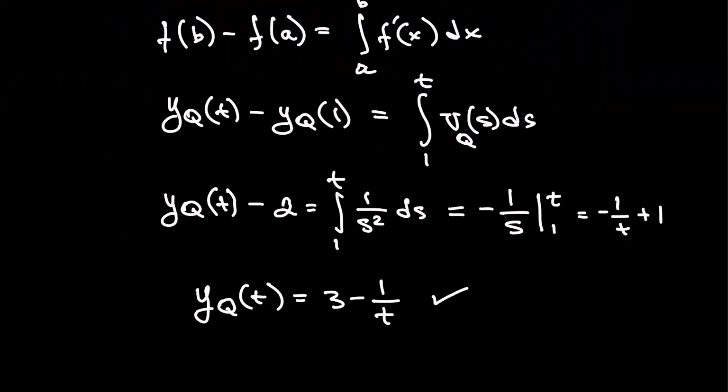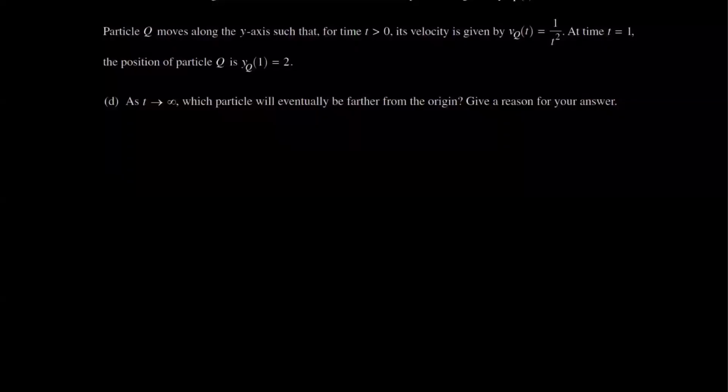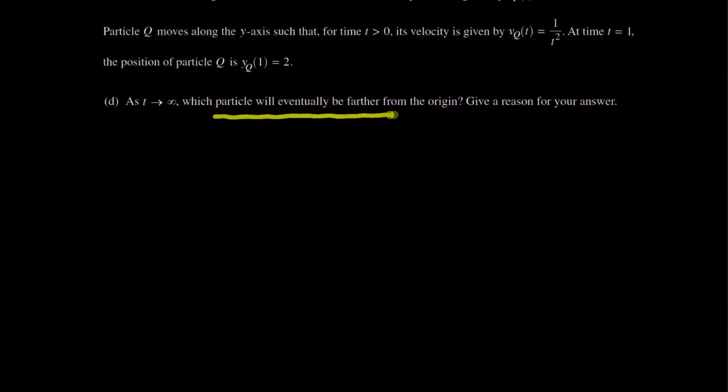Let's move on to the last part of this question. We are being asked, as t goes to infinity, which particle will eventually be farther from the origin? What we really need to find is the position of the particles as t goes to infinity.